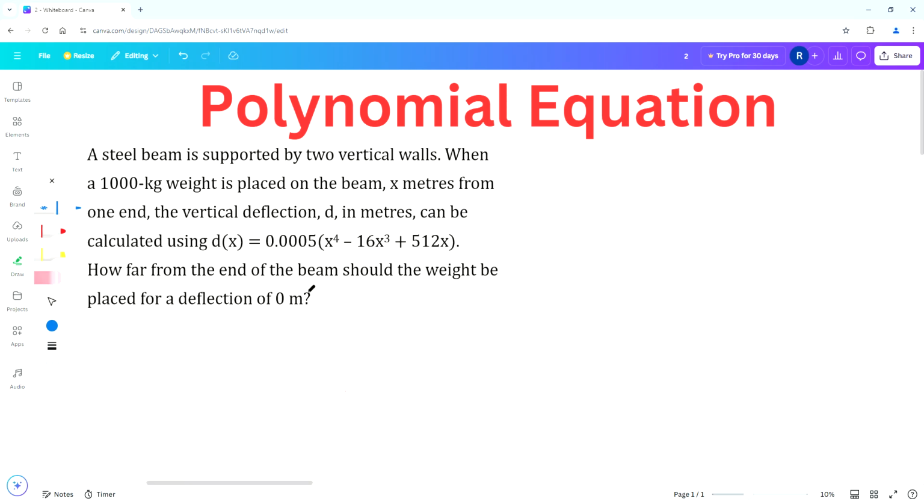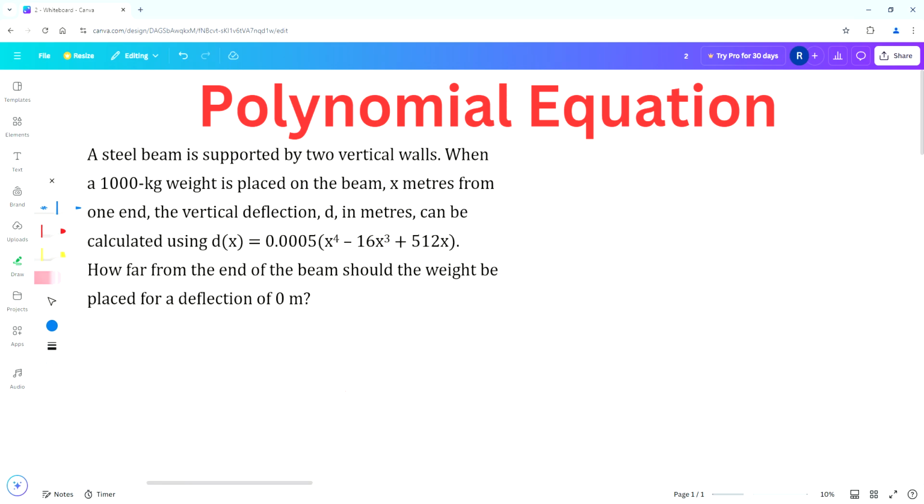So we are given a polynomial function for deflection and we have to find the x value for which the deflection will be equal to 0. In this equation, x represents the distance at which a 1000 kg weight is placed from one end of the beam. We have to find the value of x for which d is equal to 0.